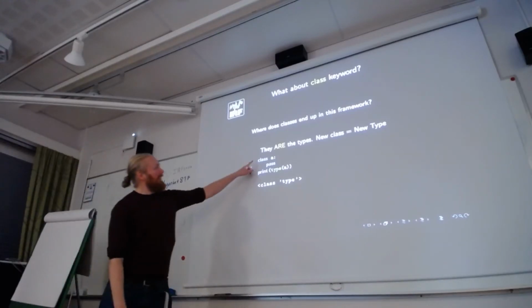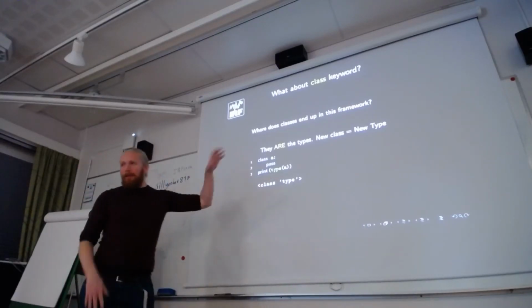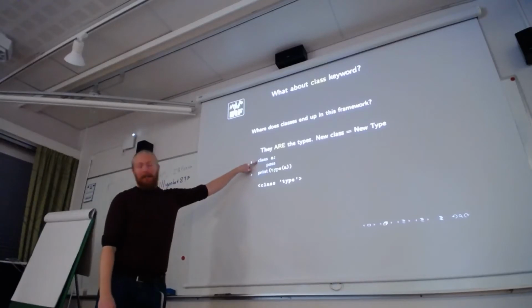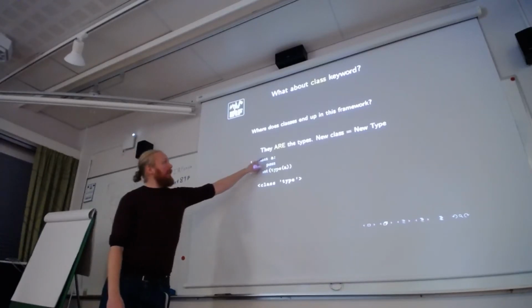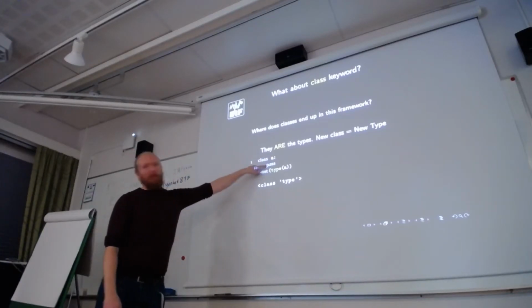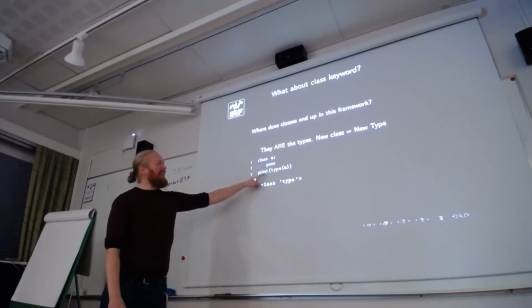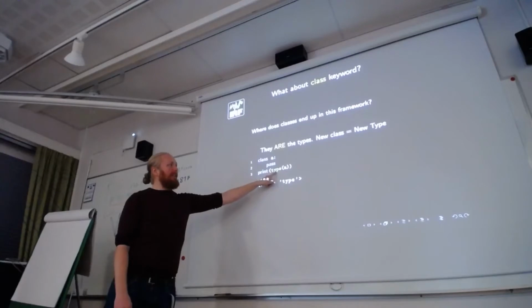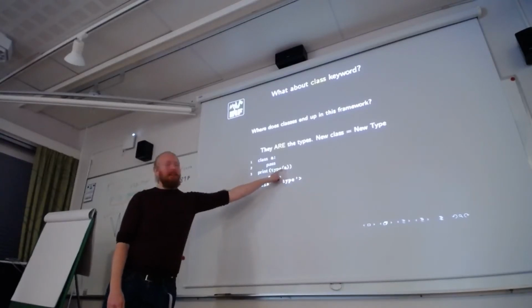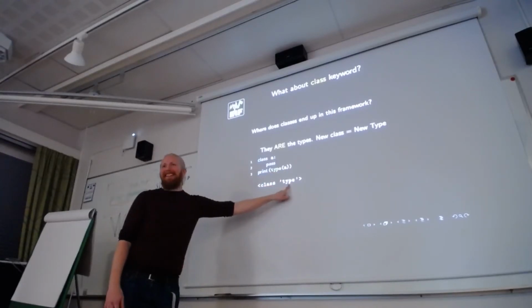So you don't have to type this, I'm just going to show you. This defines a new class. So if I write class A and then don't care about what this does, this just defines a new class. And then if I do type of A, it's class type.